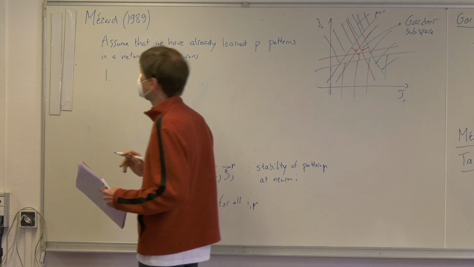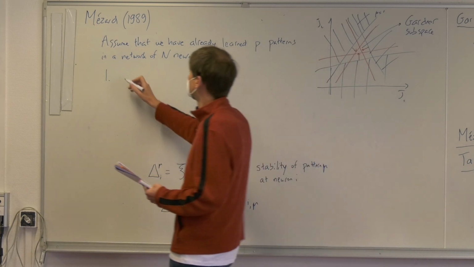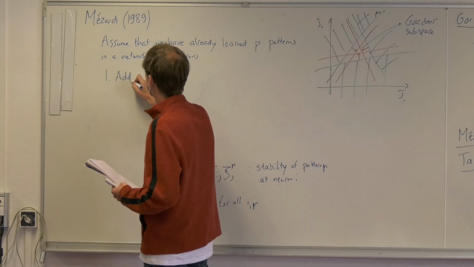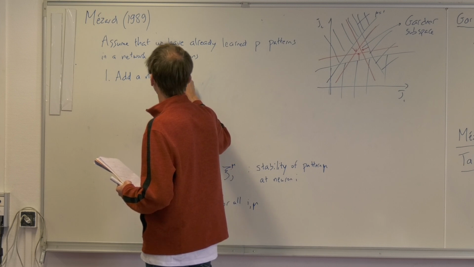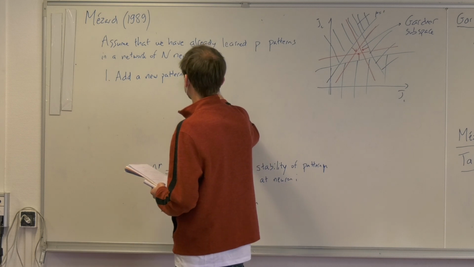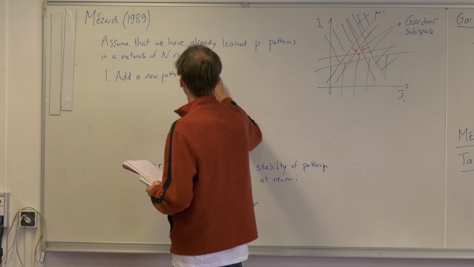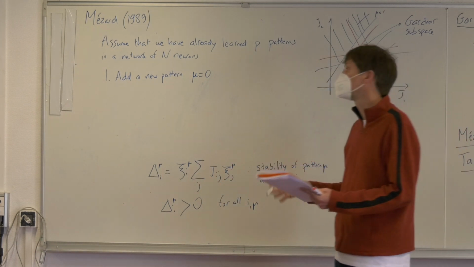Okay. Now what we do is we add an additional pattern. So we add a new pattern, and I'll call it mu equals 0. This will be this additional pattern that we learn.